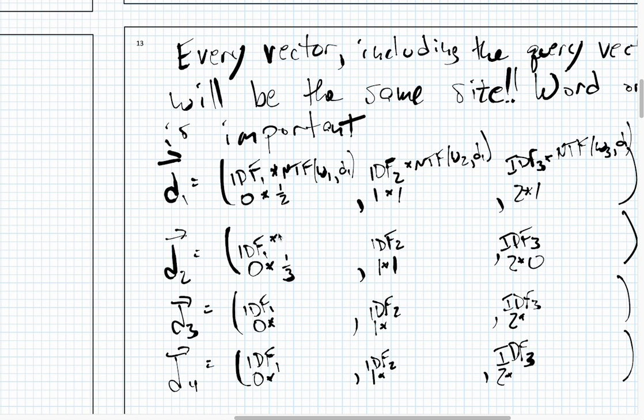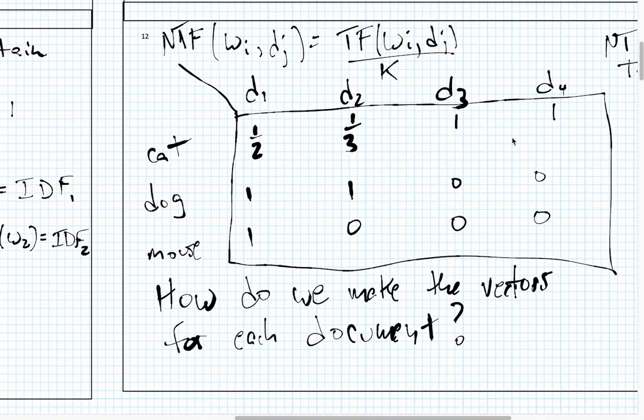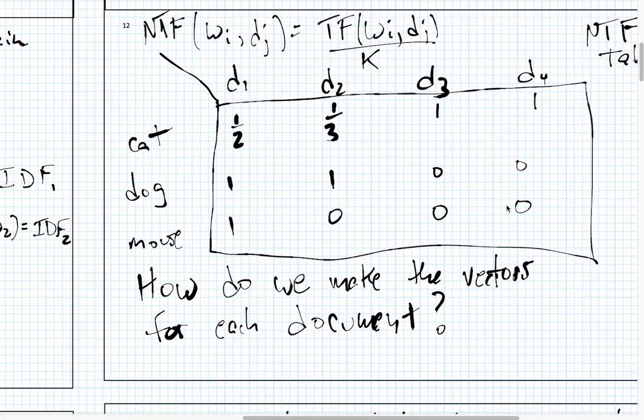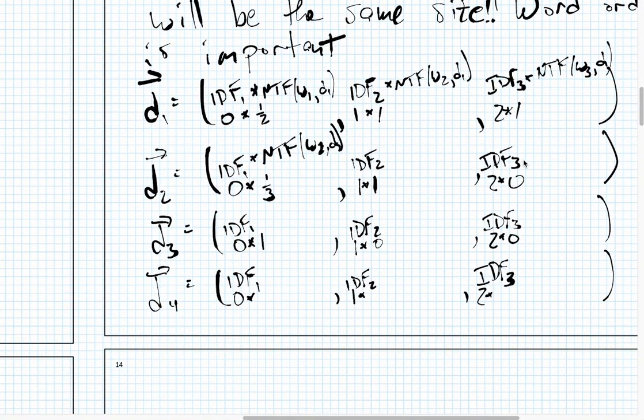Remember, this is going to be times the normalized term frequency of W1 in D2. Okay? I'm getting a little cramped here. I think you can all figure out what's going on here. When I come down here for document D3, D3 is 1, 0, 0. And when I come over here, this one is also 1, 0, 0. So this down here is 1, 0, 0.